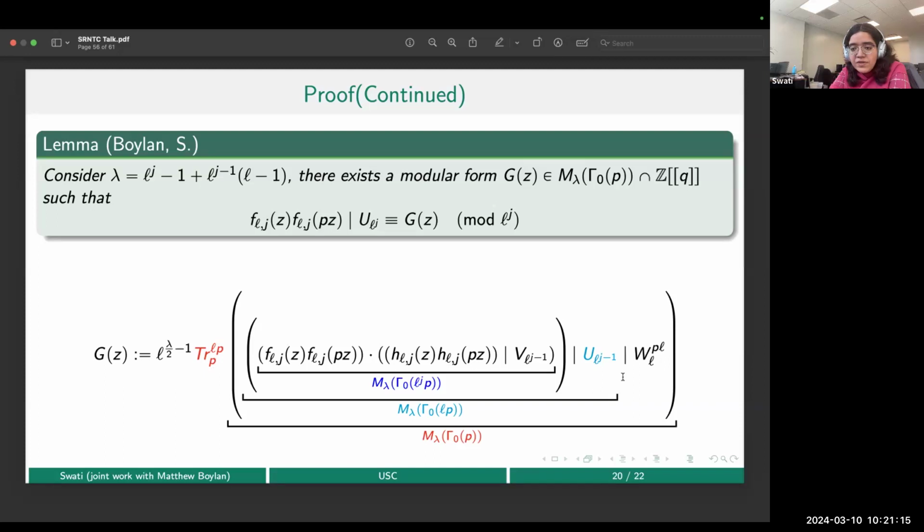As I mentioned, we are using these U and trace operators, which are both helpful in level lowering depending upon what power of L is dividing the level. So this is how GZ comes into the picture. And once we assume that this is true, some more work will basically show that our first theorem holds.